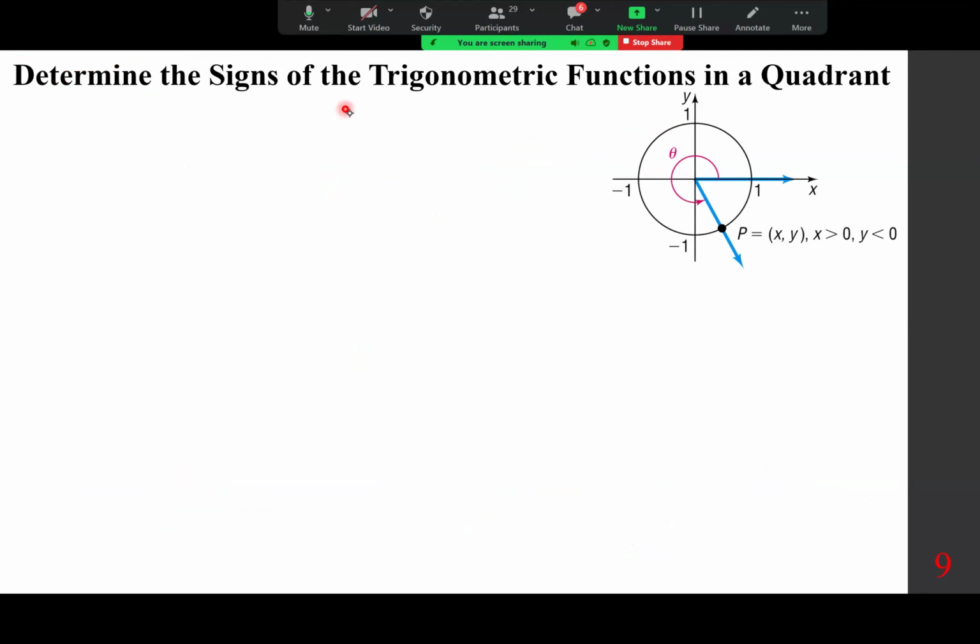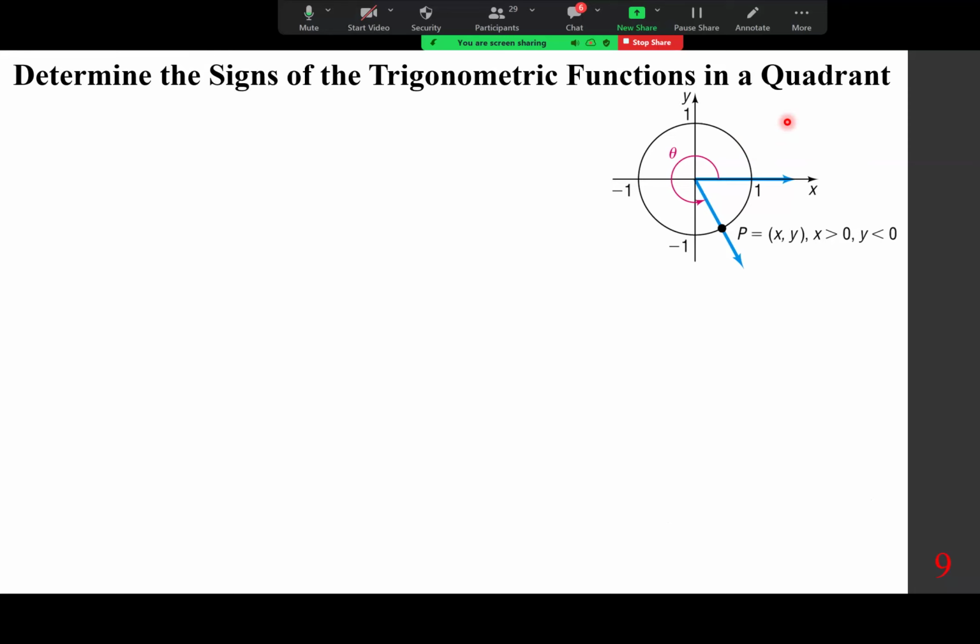Determine the signs of the trigonometric functions in a quadrant. Bear in mind, x comma y. In the first quadrant, x is positive, y is positive. So in the first quadrant, everything is positive.